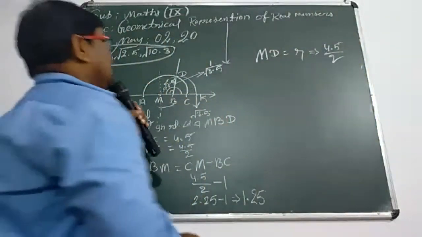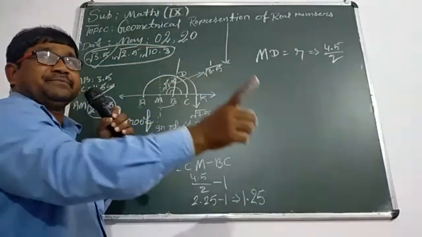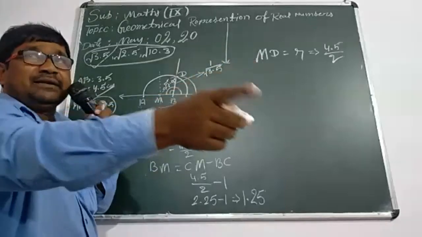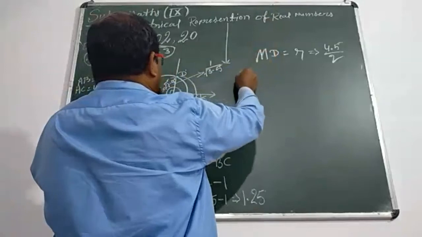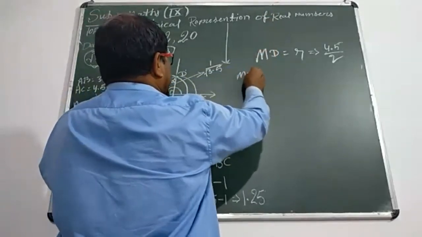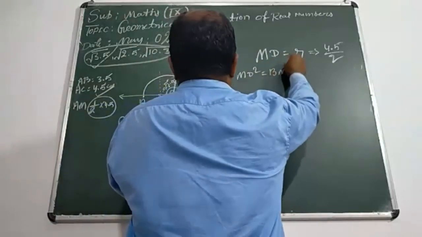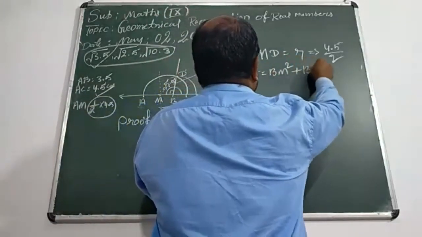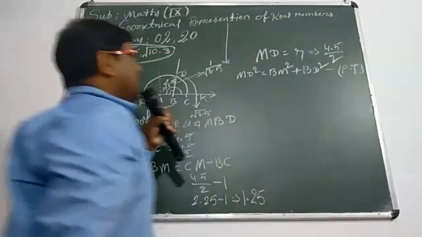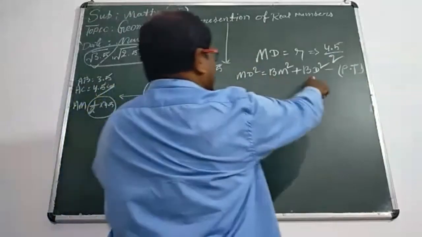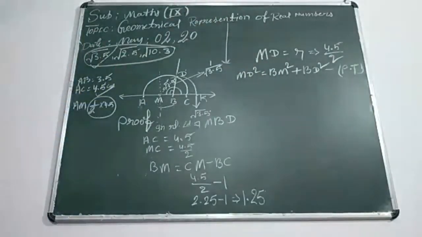Understood? Now, in this right angled triangle, MD is known, MB is known, you need BD. Go with Pythagoras. MD square equals BM square plus BD square, by Pythagoras.